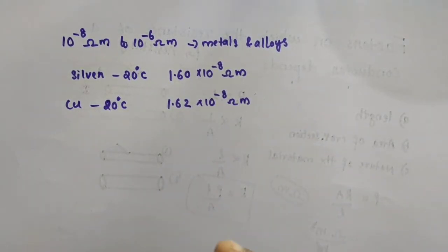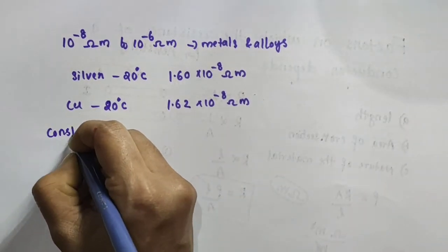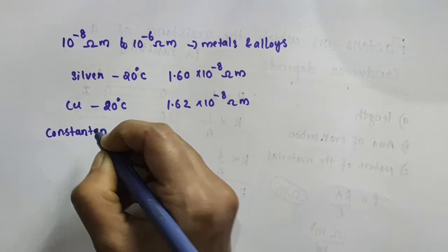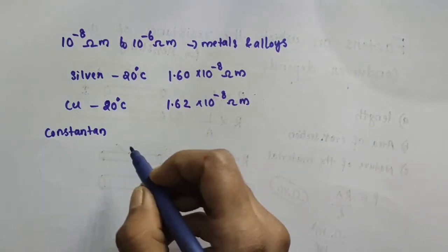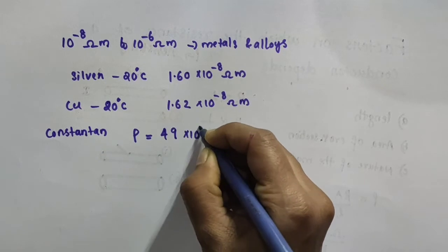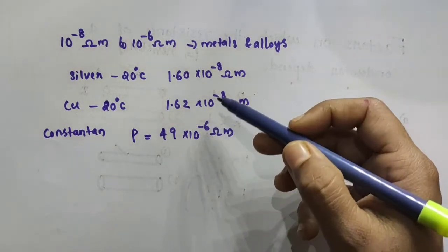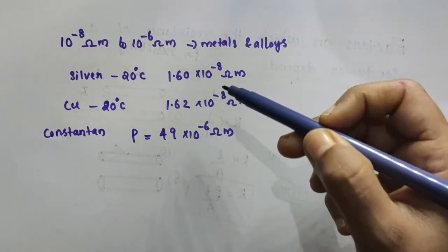Now if we consider an alloy, constantan, which is an alloy of copper and nickel, its resistivity value rho is 49 into 10 raised to minus 6 ohm meter at a temperature of 20 degrees Celsius.